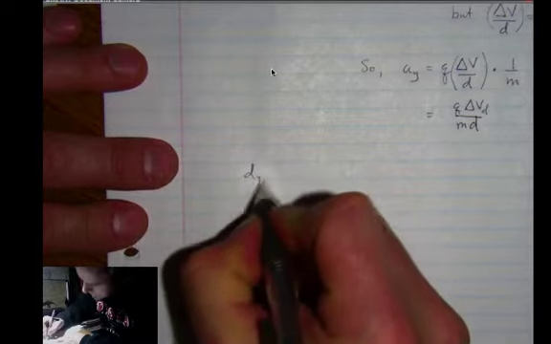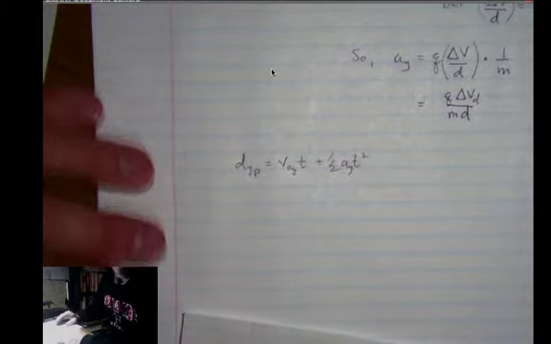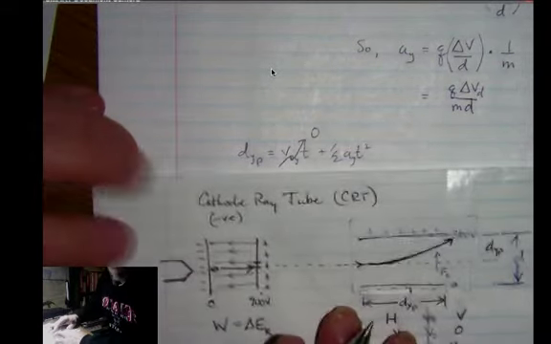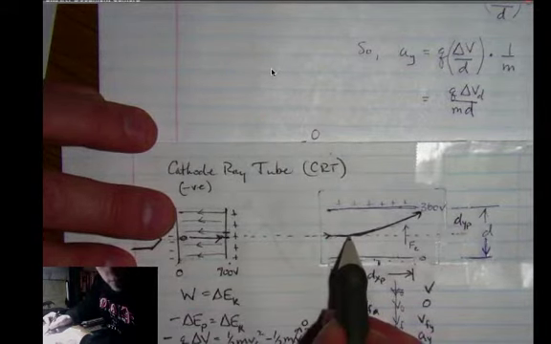The deflection in the y is going to be equal to V naught in the y times t plus 1/2 ay times t squared. The initial velocity is 0 because it enters the deflecting plates horizontally.